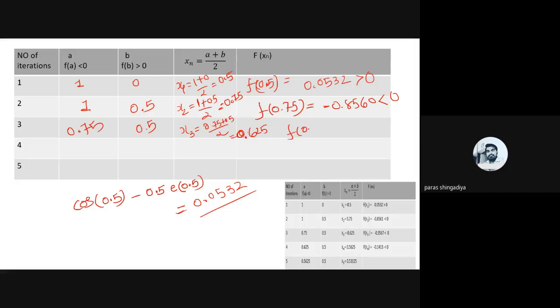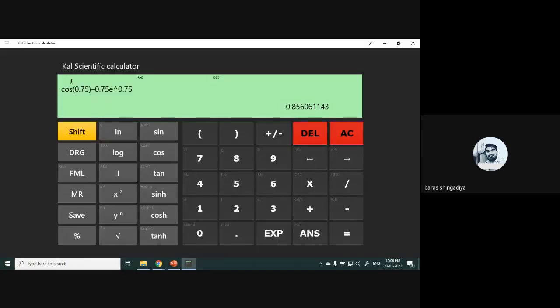So now check f of 0.625, and what is the answer? Let us check. Enter 0.625 in each place, including the e raised to the power.